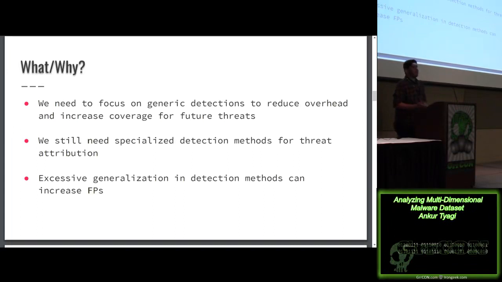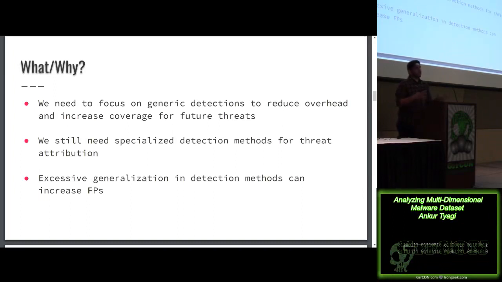So let's say in future you have a malware ABC and you have a new variant for that. All the new variants, because they are derived from the same source tree, will have certain features that are common across all the variants. So if we are able to create a generic detection mechanism based on the core behavior of the family, we will be able to use that signature across all the variants of the same family.